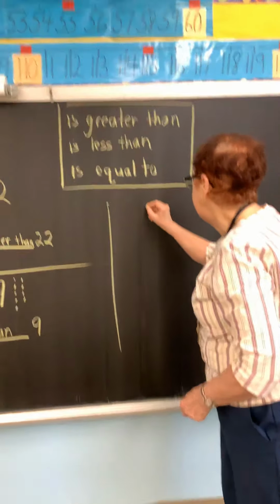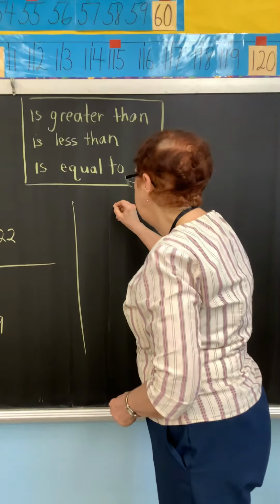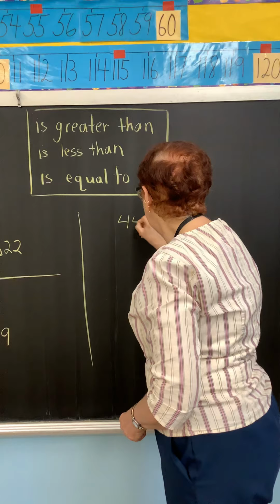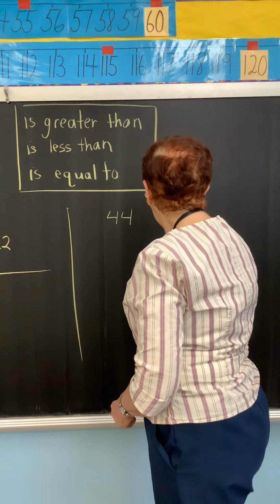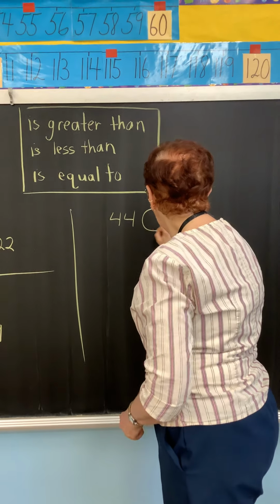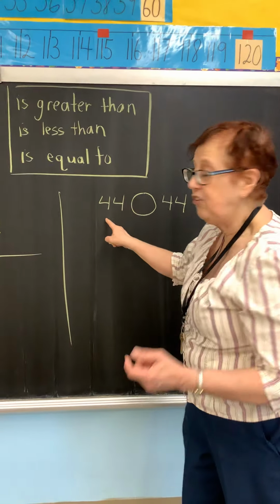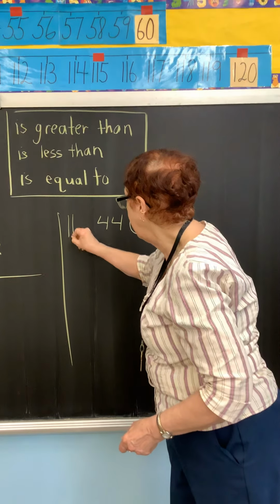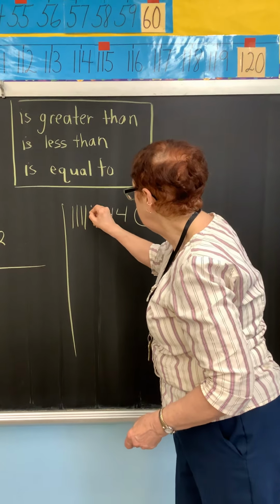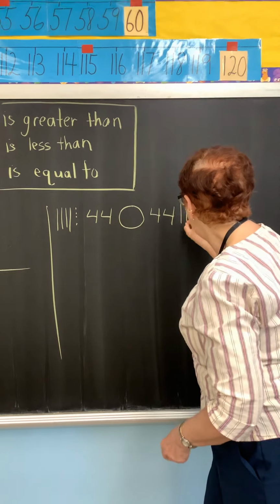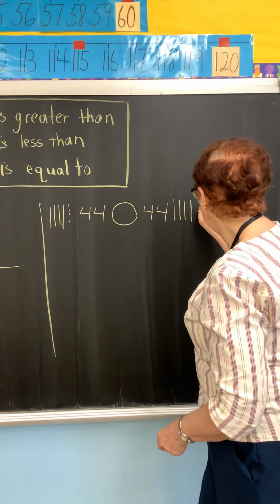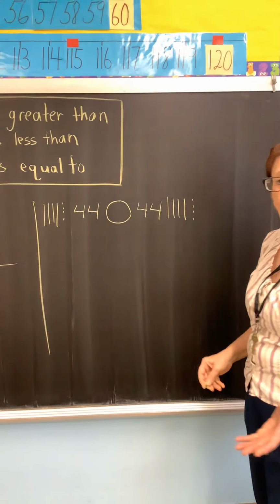So if you had 44 and 44, I'm going to show you with a quick 10. 10, 20, 30, 40. 1, 2, 3, 4. 10, 20, 30, 40. 1, 2, 3, 4. What do you notice?